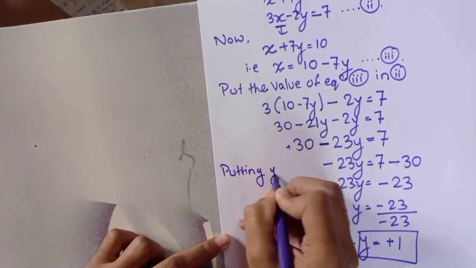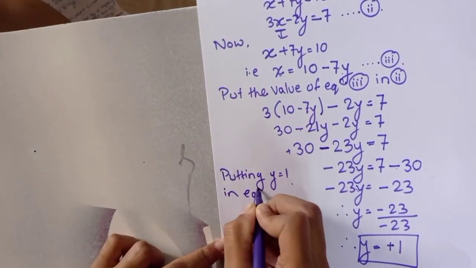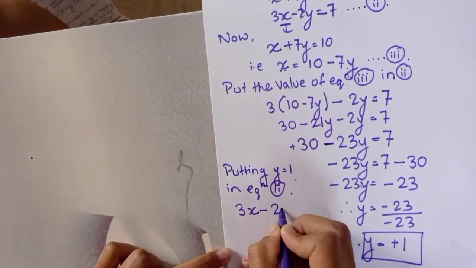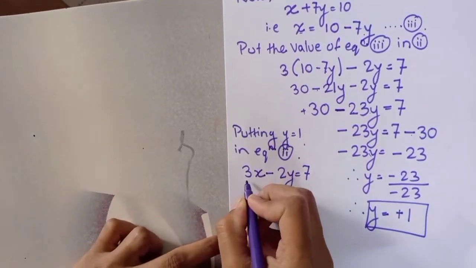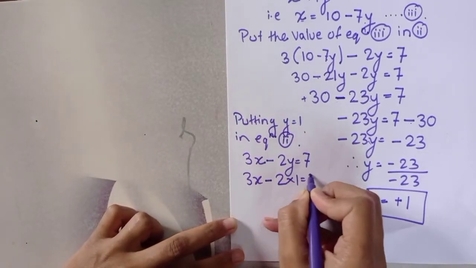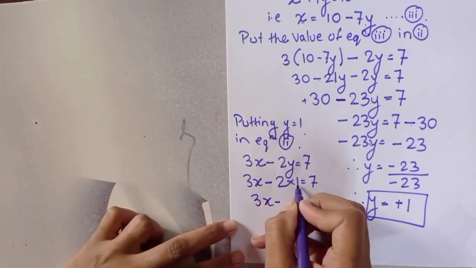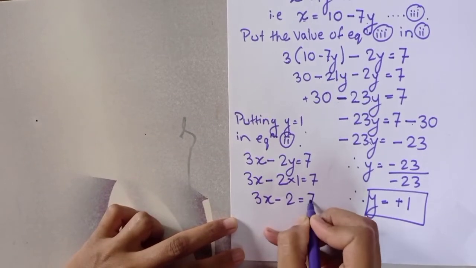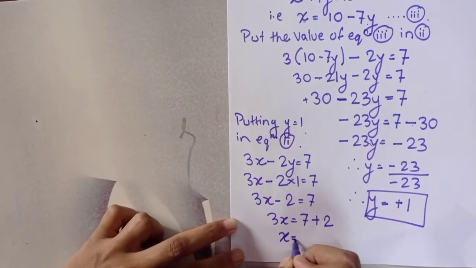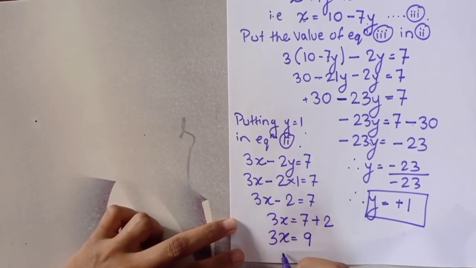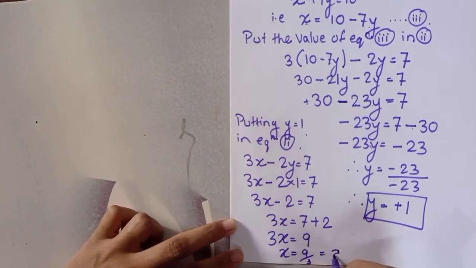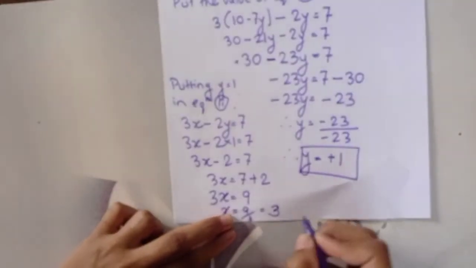Putting y is equal to 1 in the second equation, 3x minus 2y is equal to 7, where 3x minus 2 into the y value 1 is equal to 7. 3x minus 2 is equal to 7, 3x is equal to 7 plus 2, 3x is equal to 9 and x is equal to 9 by 3, which is equal to 3.